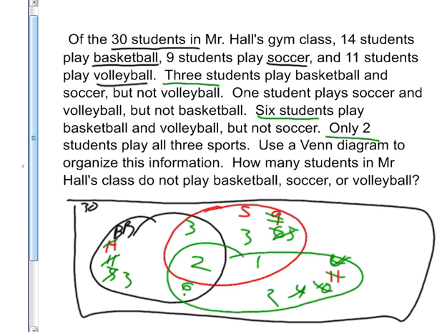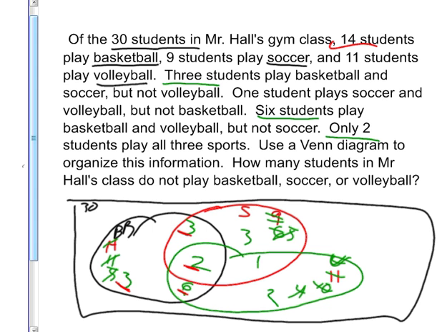I'm going to go through and check each of my areas to make sure I've got the right number. For basketball, I've got 3 plus 3 plus 2 plus 6, 6, 7, 8, 14. Were there 14 original basketball players? Yes, there were, so that checks out.